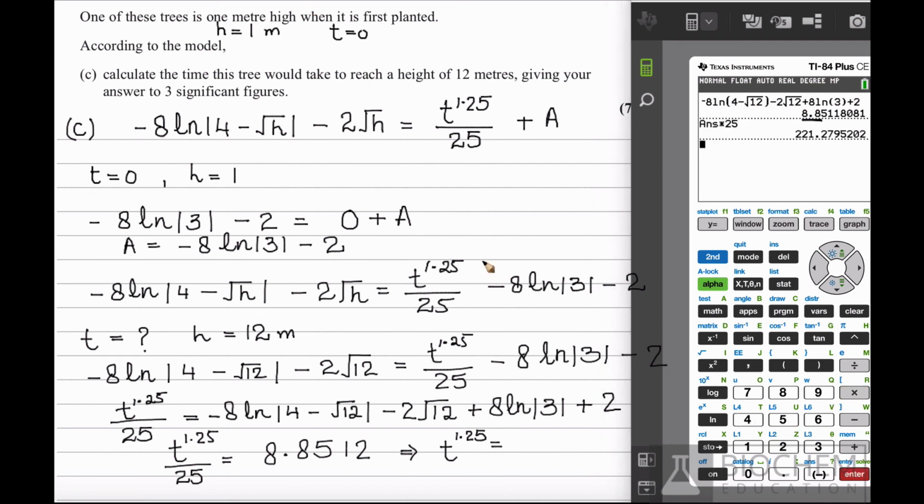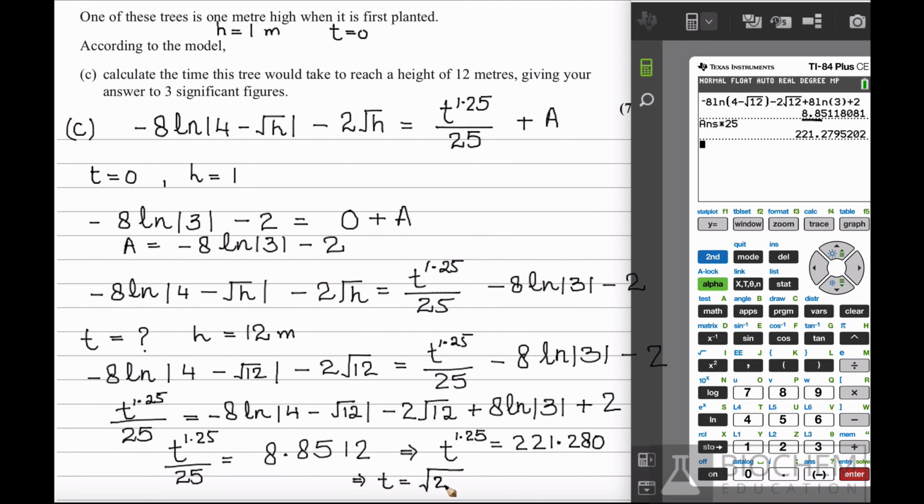Enter. The answer comes out to be 221.280.